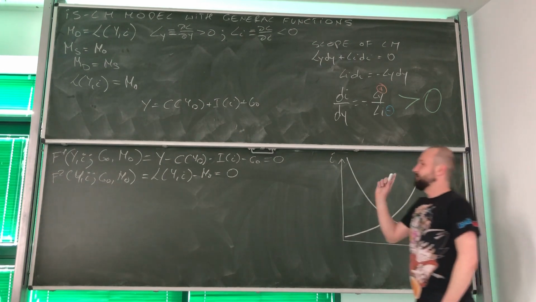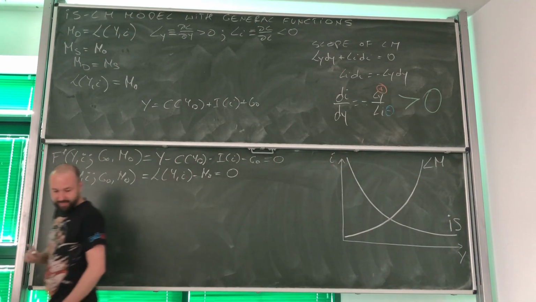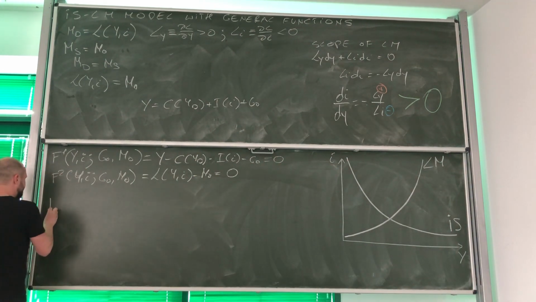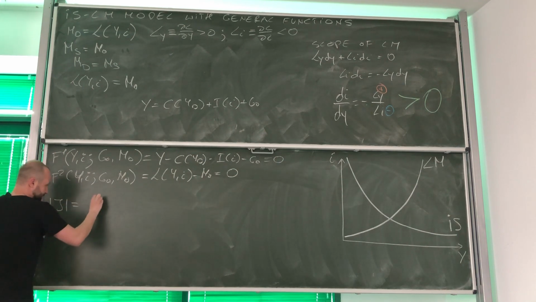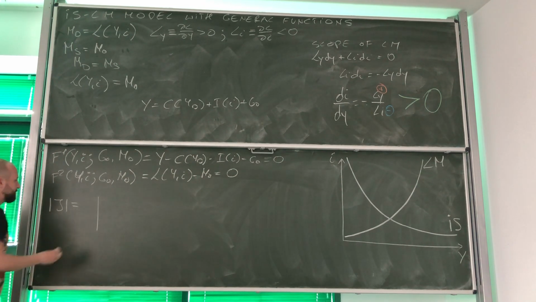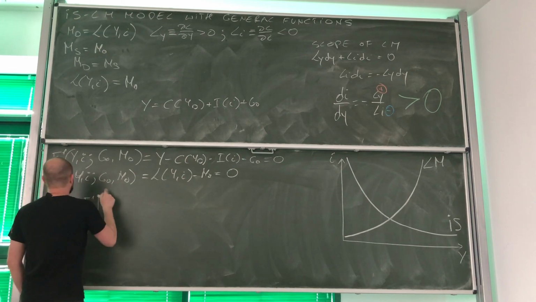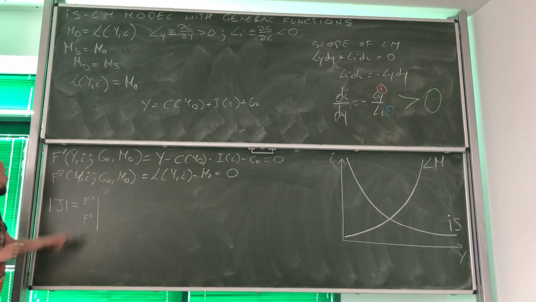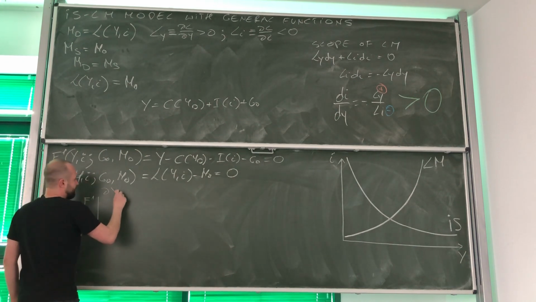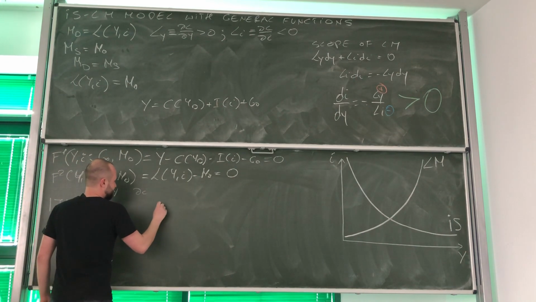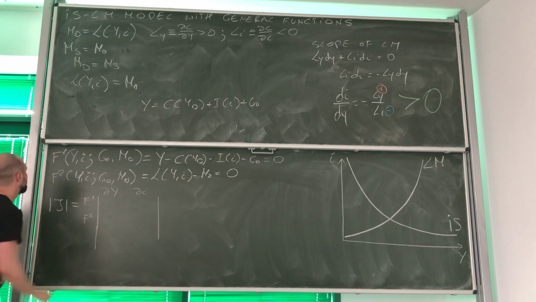Of course, first thing is to calculate a Jacobian. Okay, let's do it slow first. Remember, here we got first function, here we've got second function. Here we differentiate with respect to first endogenous variable, here we differentiate with respect to second endogenous variable.